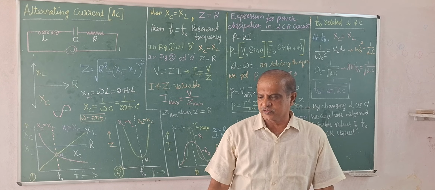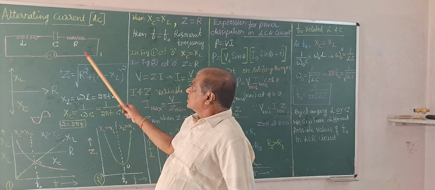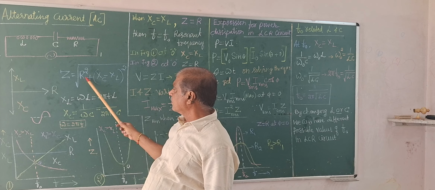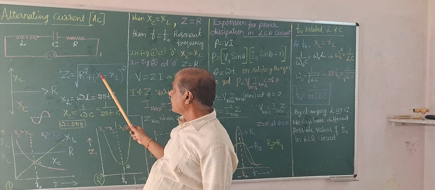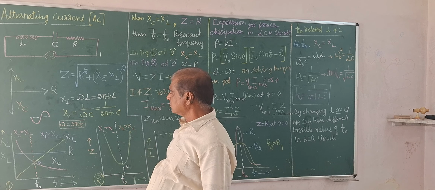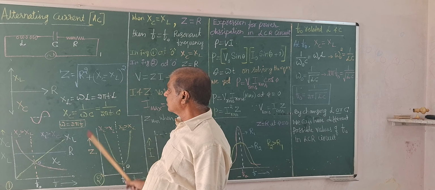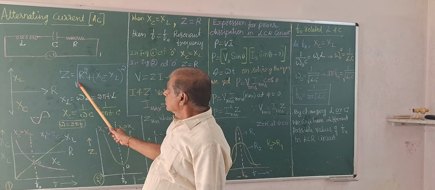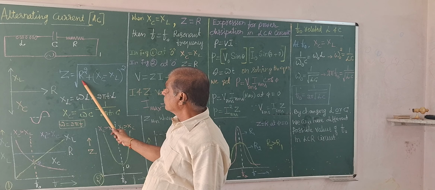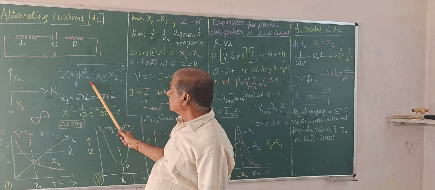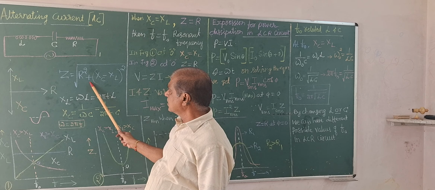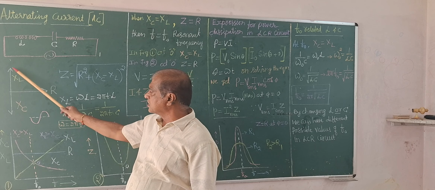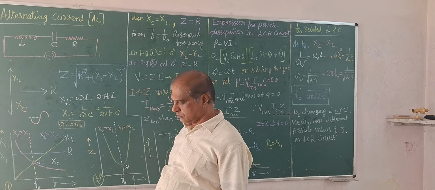The impedance is the resultant of all the resistances offered by three components. The resistances are R by the resistor, Xc by the capacitor, XL by the inductor, given by this mathematical equation. The graphical representation in vector form can be represented like this in a plane.